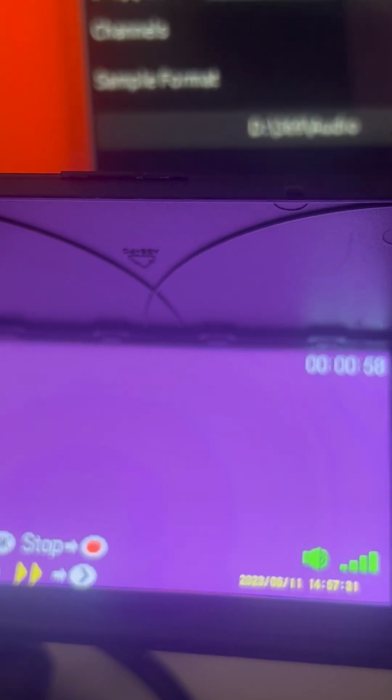See, it's pulsing, I guess is the best way to say it, because I am holding it steady enough. So yeah, that's interesting.